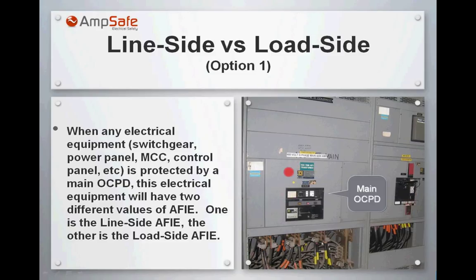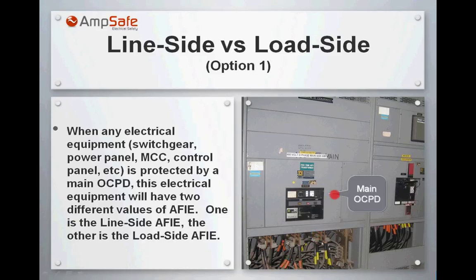If we have a main overcurrent protection device, not only in a switchboard or switchgear, but in a power panel, a motor control center, a lighting panel, whatever, you have two different values of arc flash incident energy. One at the line side, as we see here the incoming wires to the switchboard, and another one after the breaker on the load side.